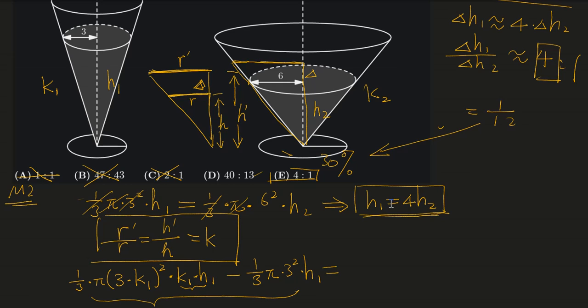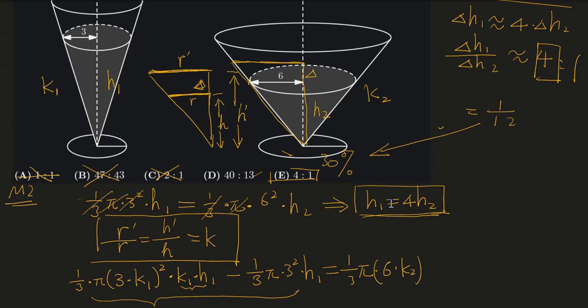That should equal the volume change in the second cone. That is 1/3 times pi times r prime squared, and r prime is r times k, and r is 6 this time. So that's 6 times k2, where k2 is the ratio for the right cone.